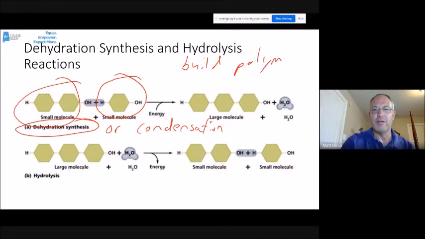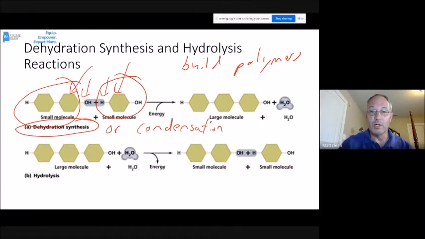So they put together monomers, almost like sticking together Legos to make a bigger structure. So here we can see this OH on the leftmost molecule and the H on the rightmost molecule. During a dehydration synthesis reaction, those are removed. Well, that opens up a bond site both on this molecule and on this one.